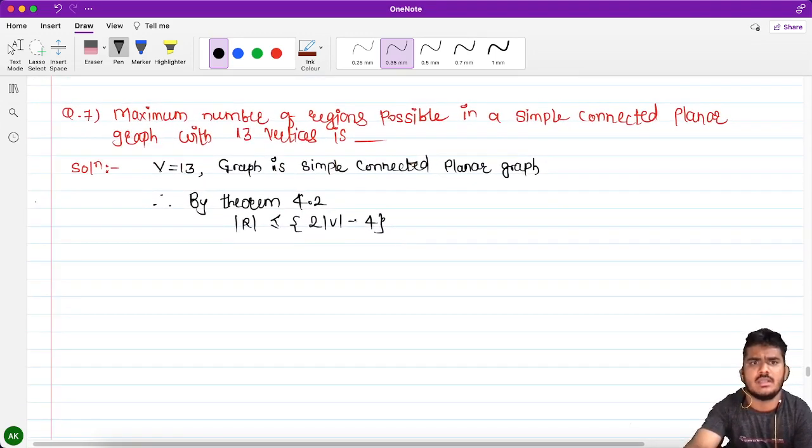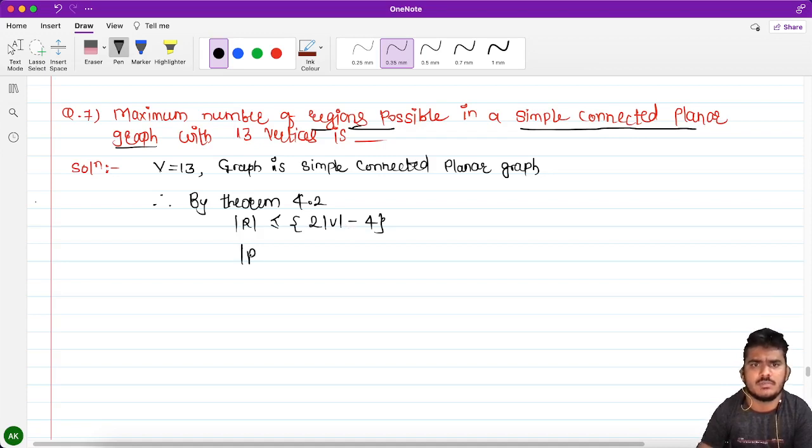Next question is to find the maximum number of regions possible in a simple connected planar graph with 13 vertices. Again they have mentioned that the graph is a simple connected planar graph, and in 4.2 we have seen that the number of regions in a simple connected planar graph is less than or equal to 2 times the number of vertices minus 4.